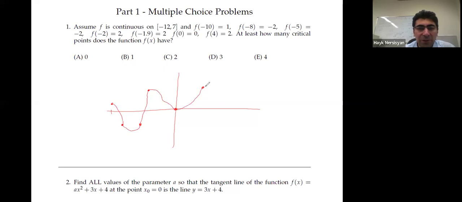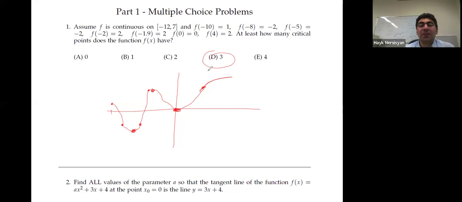Something like this. And then our function, let's assume, continues to increase. How many critical points do we have? This is a critical point. 1, 2, 3. So we can say we have at least 3 critical points.